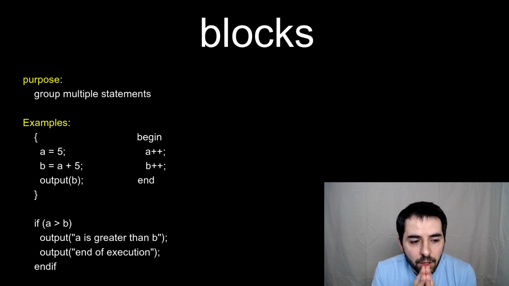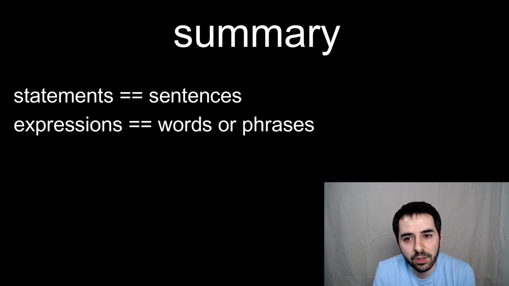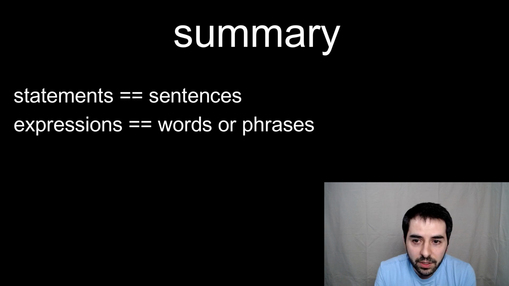Let's recap. Statements, if we compare to natural languages, are similar to sentences, and the semicolon is similar to a period. Each statement makes sense and denotes a complete meaning.